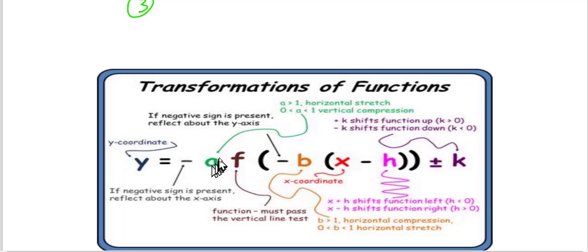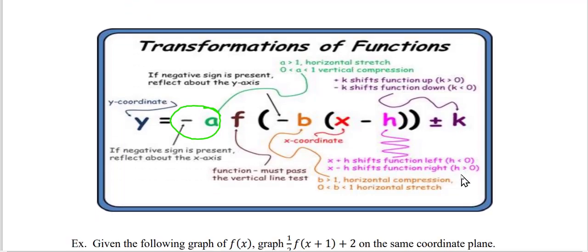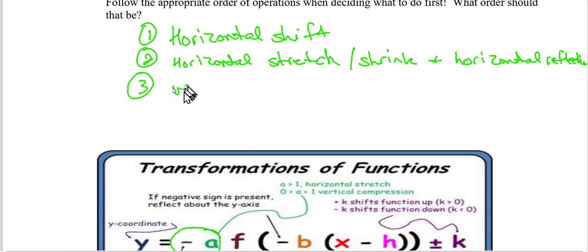Then, order of operations, this guy is going to come next because we multiply before we add or subtract. So we are going to do our vertical stretch or shrink and vertical reflection next.